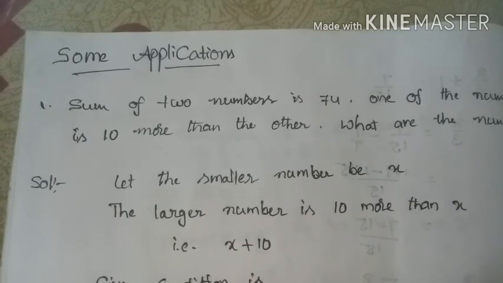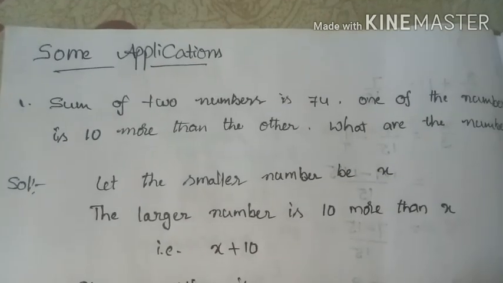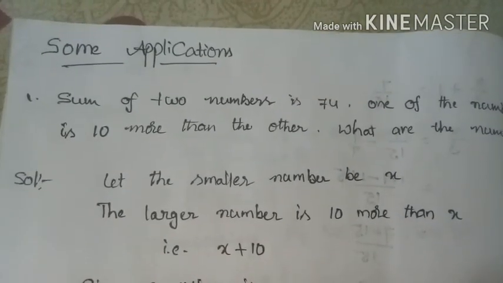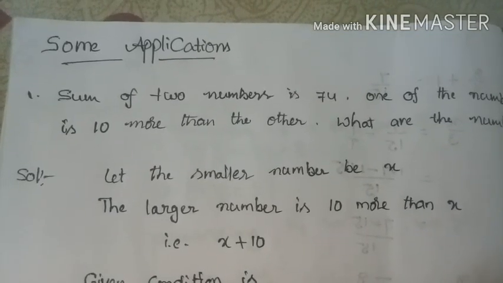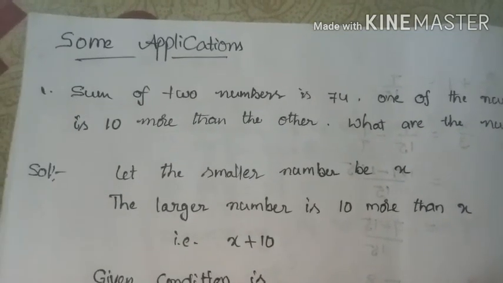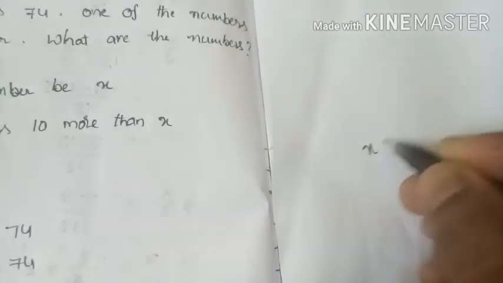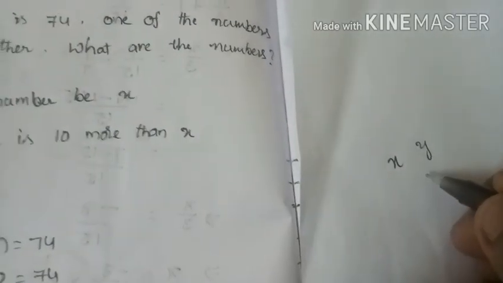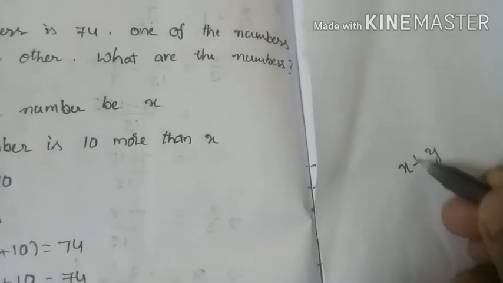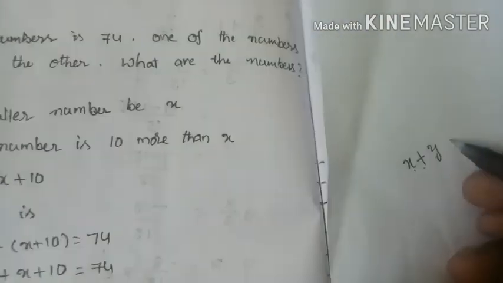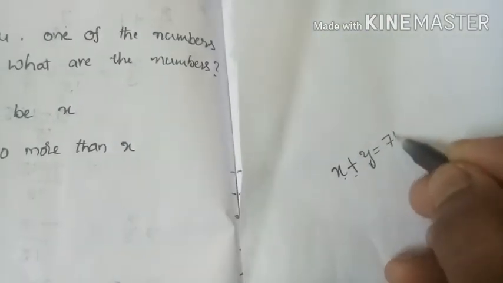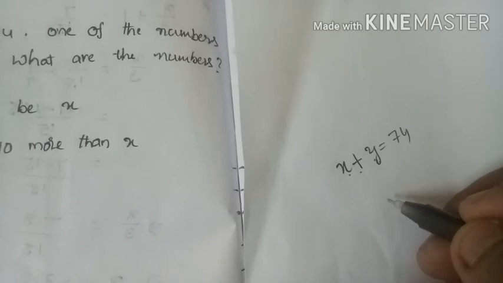So how can you find them? Just think, if x and y are two numbers, and you add these two, it becomes 74. Yes or no? Yes.